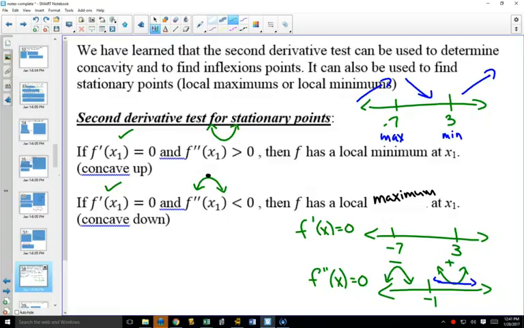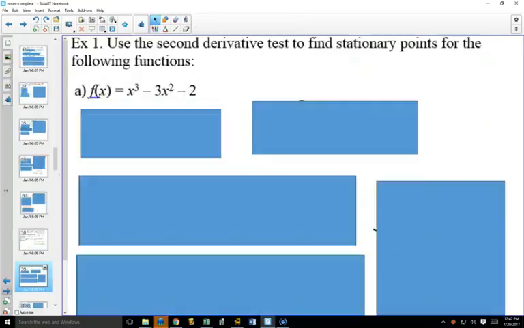Algebraically, this is actually a really quick way, and often is quicker than the first derivative test. Because all you have to do is find out where your first derivative is equal to 0, and then check, is my second derivative positive or negative? So we're going to use the second derivative test to find stationary points for these ones.